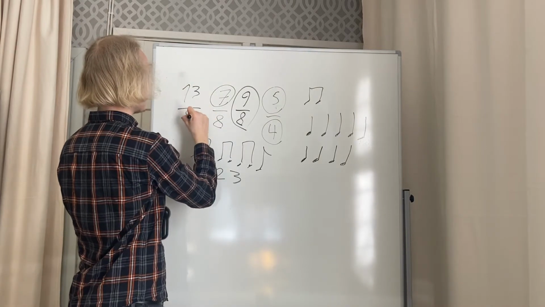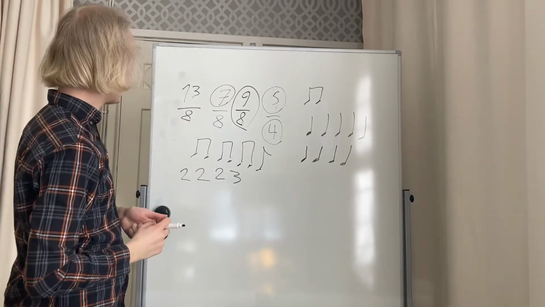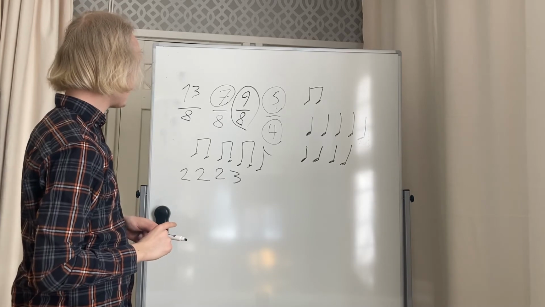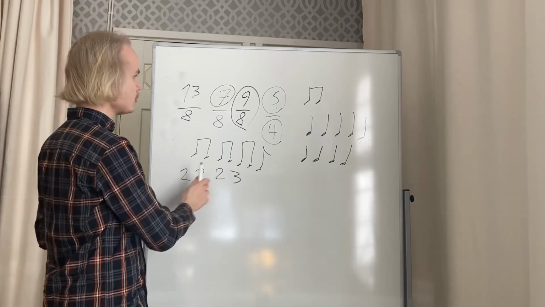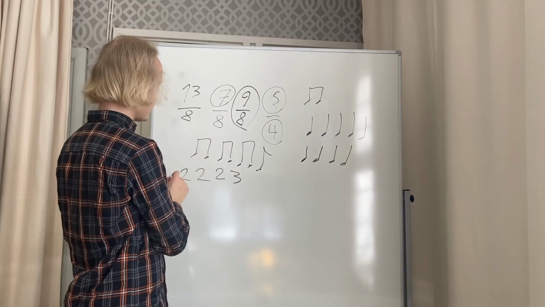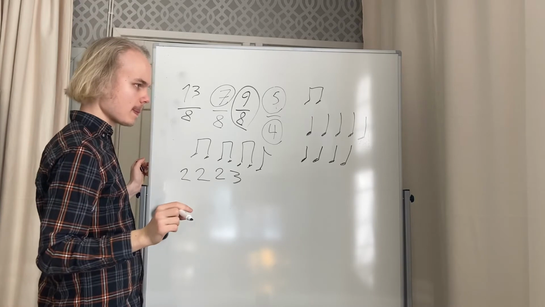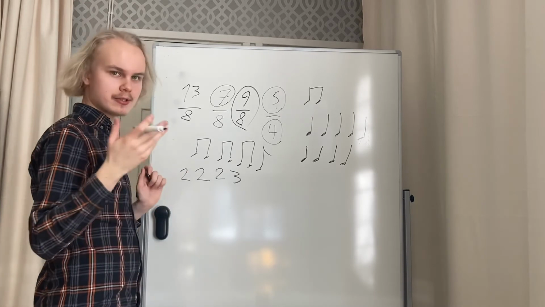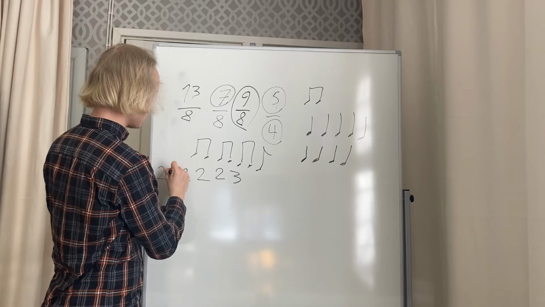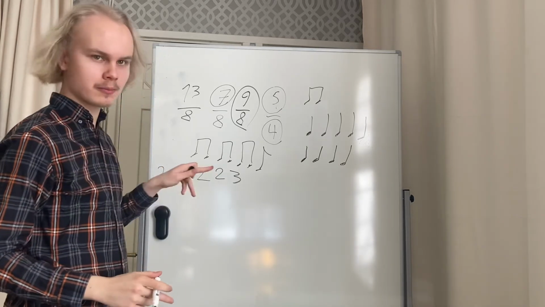13/8 time signature. Here, if we add 2, we have 11, and then if we add another 2, we would have 13. So we would have 2 here, as you see. But that's pretty long too.